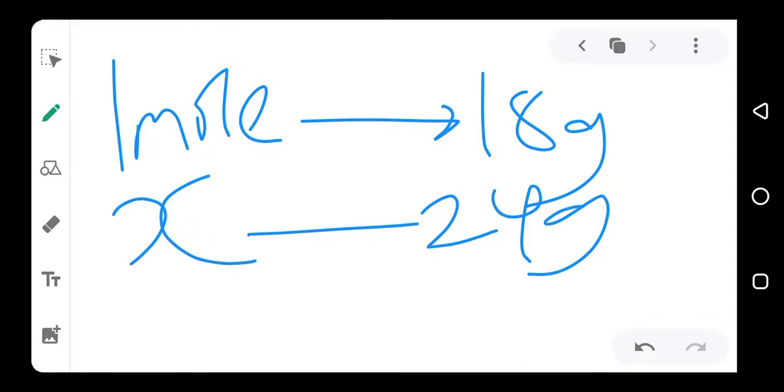If 1 mole gives us 18, X gives us 24 gram.